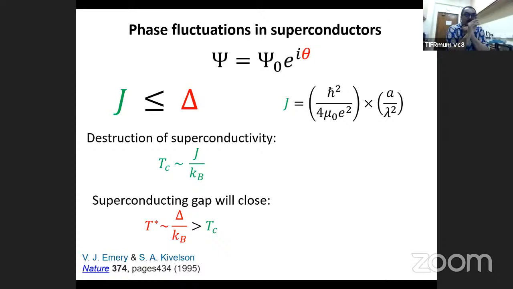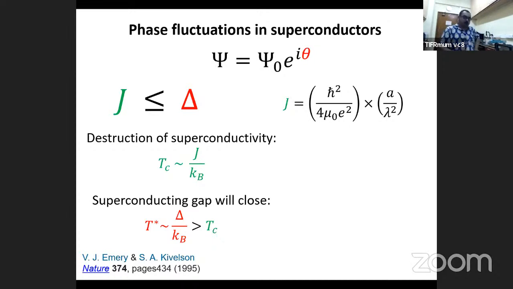So now what will happen is that your superconductivity will get destroyed by phase fluctuation at this temperature, but your superconducting gap, which actually is a signature that you have this pairing, will not close.